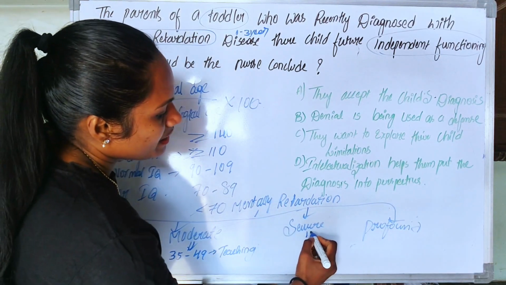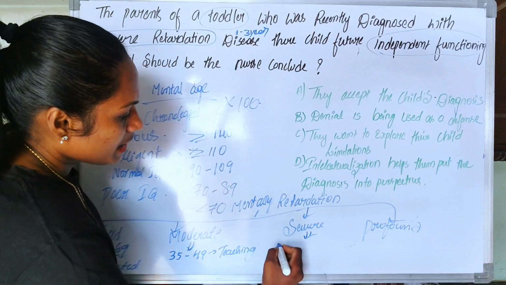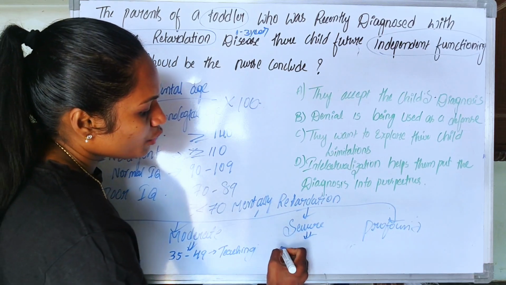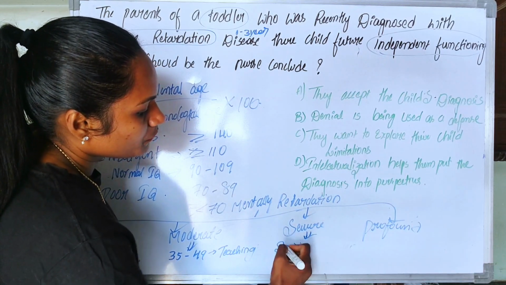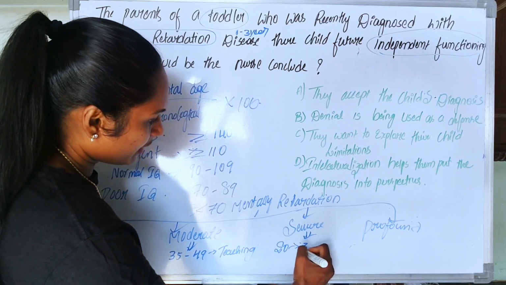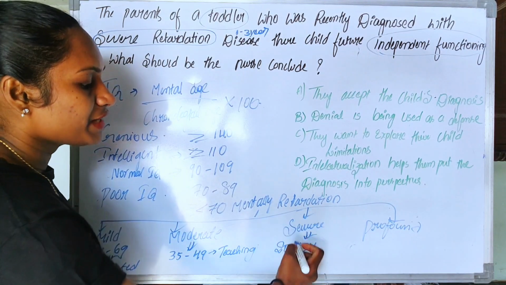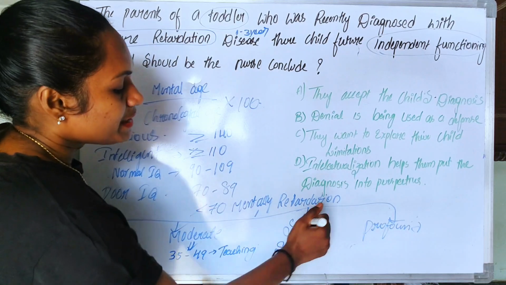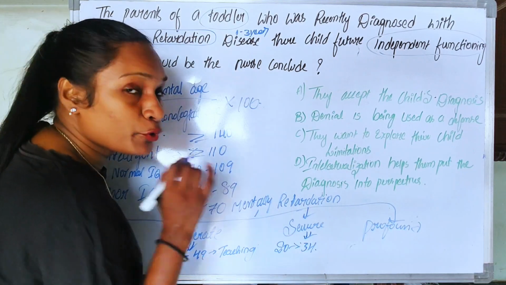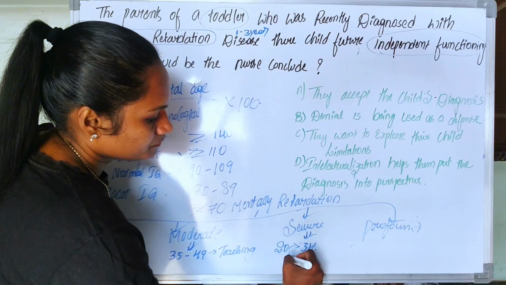Next is severe. Severe means if the patient has 20 to 34 IQ level, then we will consider it a severe condition. This kind of people are purely dependent.